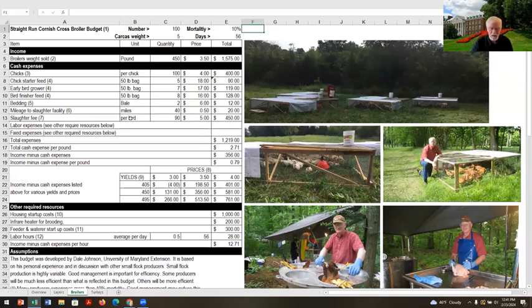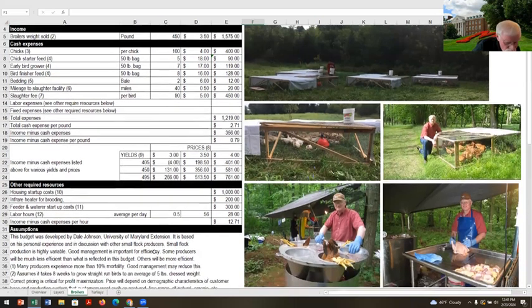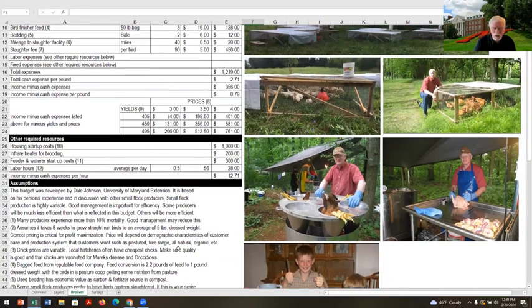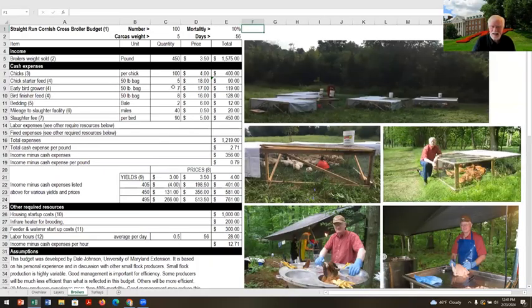Now I'm going to go through faster on these things because we've already gone through it with the layers. I've got my feed in here, and the feed conversion I have in here is 2.2 pounds of feed to 1 pound dressed weight. That is also assuming that these chickens will probably get 25, 30% out of that pasture.